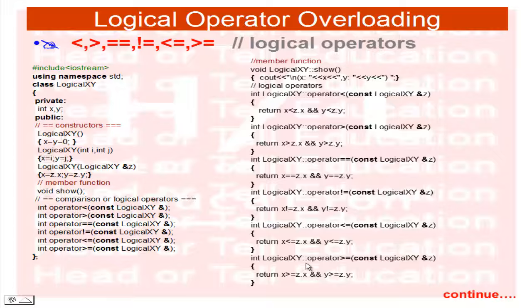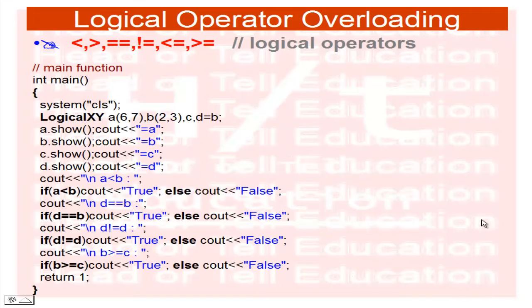Next, greater than equal to: the same, comparing the values, if both are greater, return true, otherwise false. This is very simple, not a very big task for operator overloading. Next I check the functions for this class.